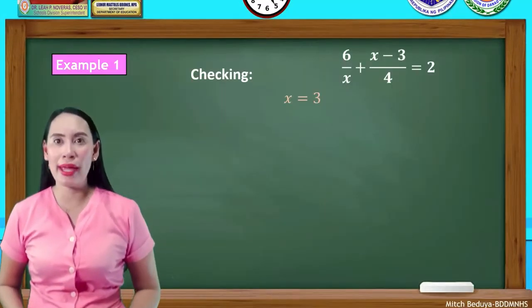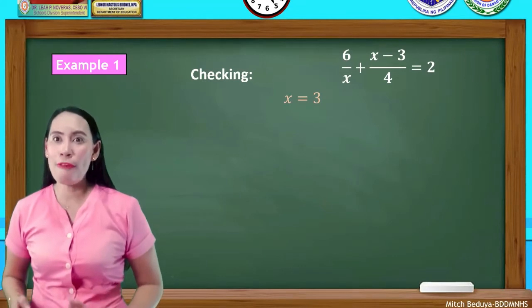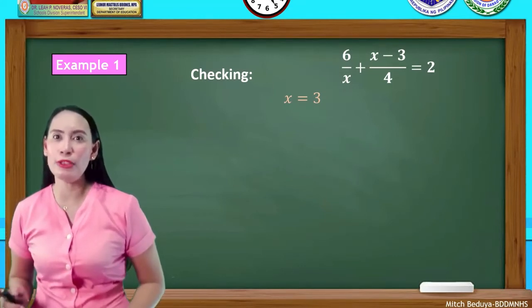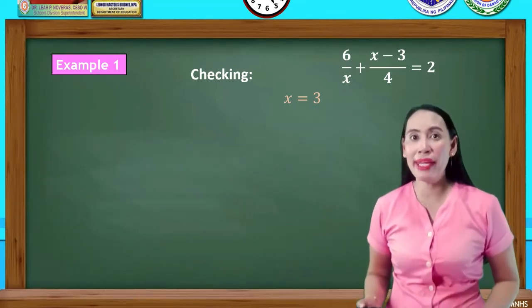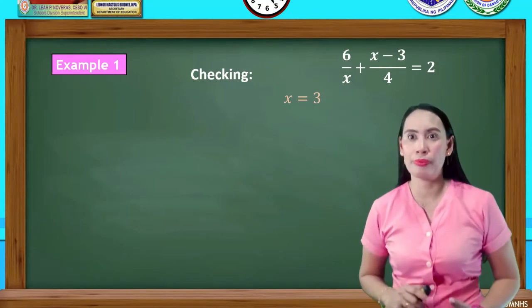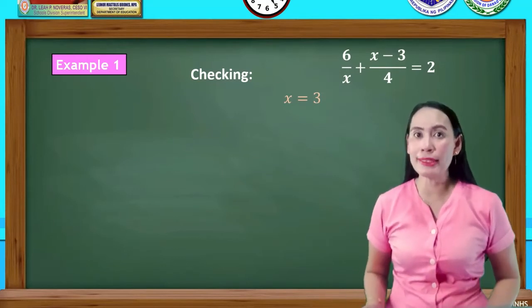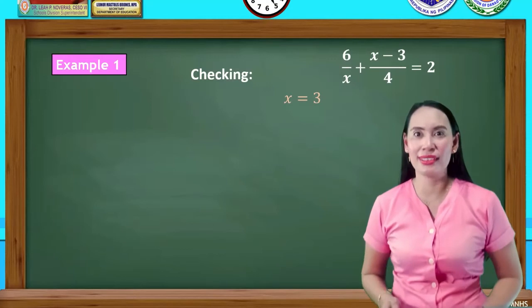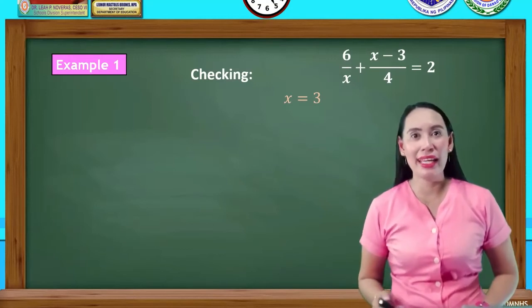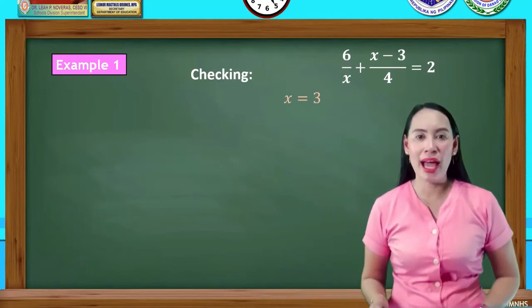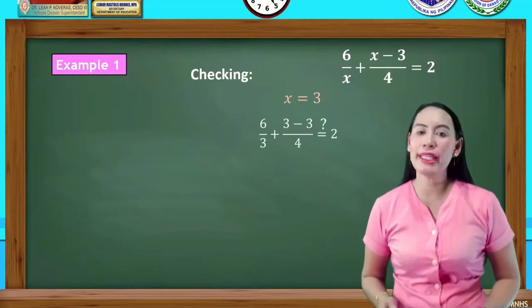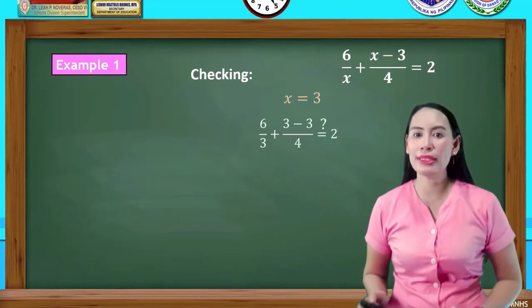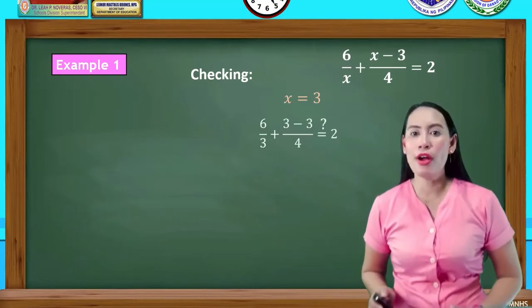So we will check if the two values of x can really satisfy the equation, or if they can make the equation true. Let's substitute first 3 to x in the original equation. So we have 6 over 3 plus 3 minus 3 over 4.